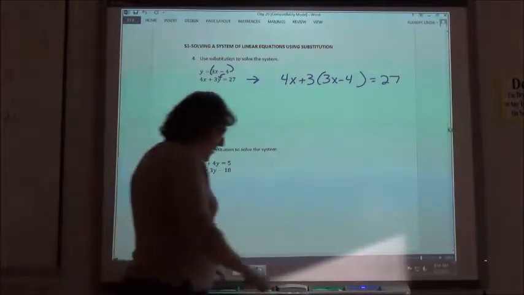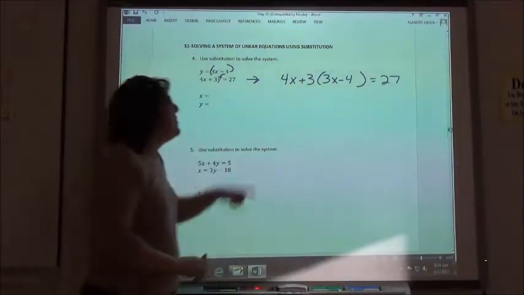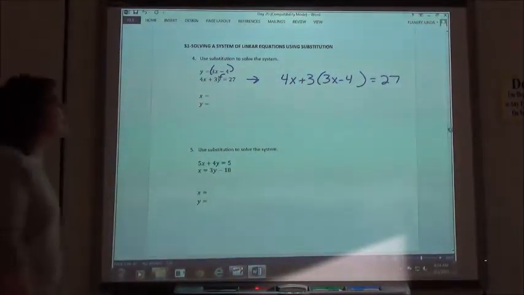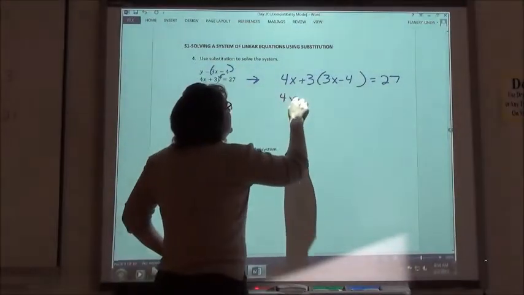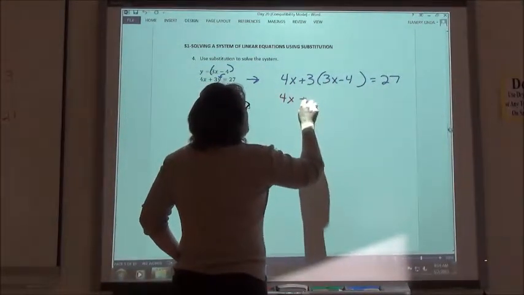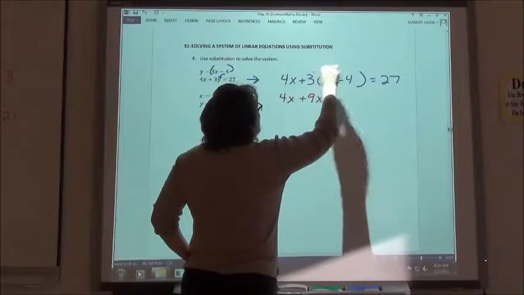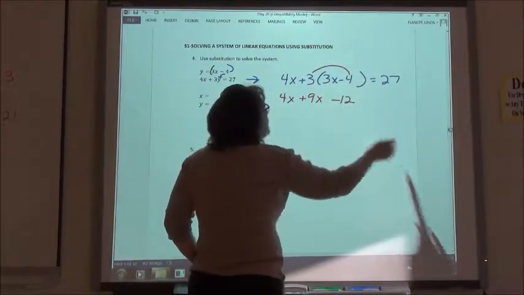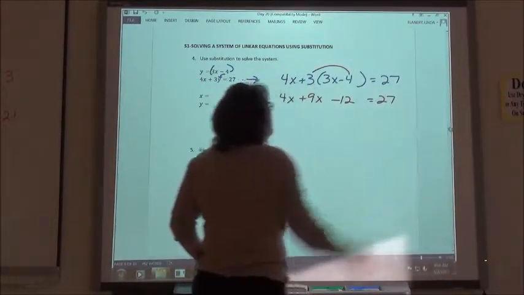We then solve that like we solved all those other equations before this, getting rid of our parentheses. 4x, 3 times 3x would give me plus 9x. 3 times minus 4 would be minus 12, equals 27.